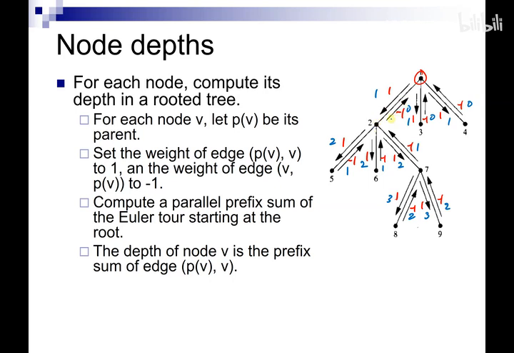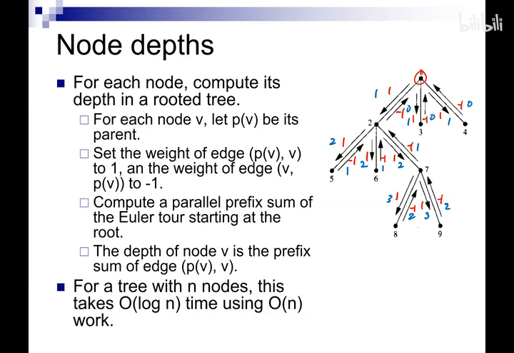And each time you go back up, we put a -1, and so when you compute the prefix sum, you basically undo this downward step that you took. So when you go down, you add a depth of 1, and when you go back up, you decrease the depth by 1. Therefore, the prefix sum value exactly tells you how many times you've gone down minus how many times you've gone back up. And that is equal to the depth.